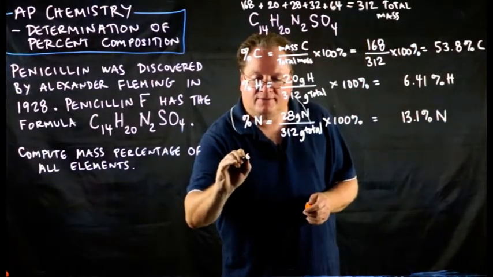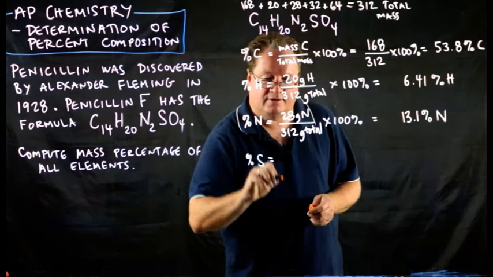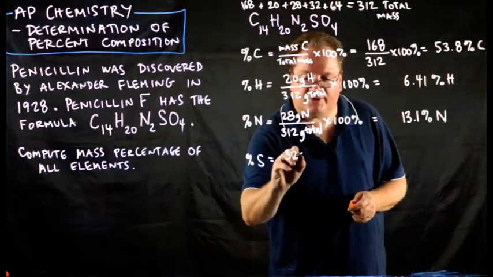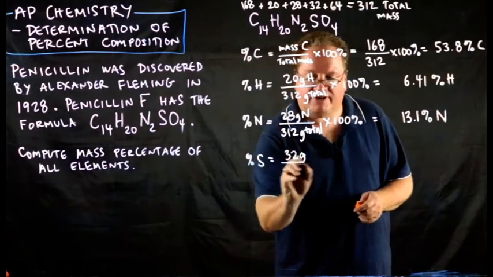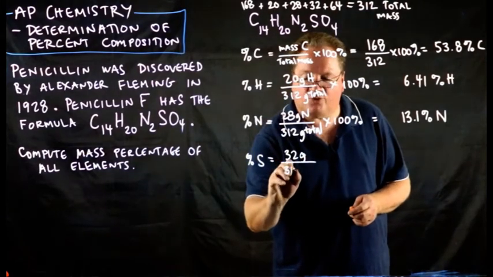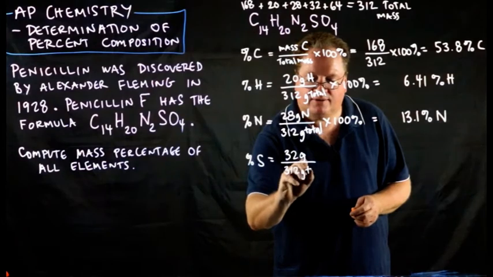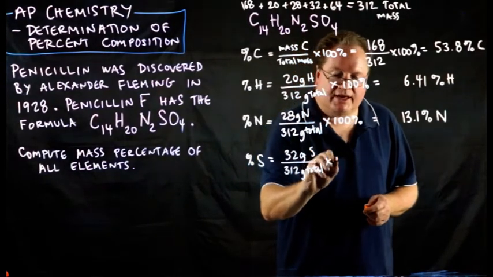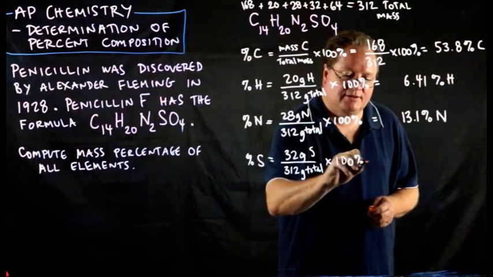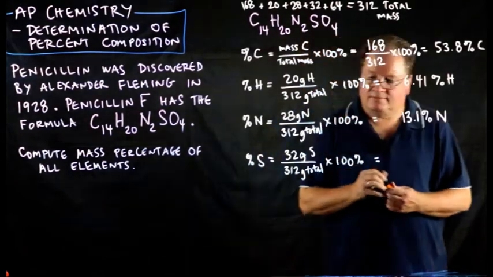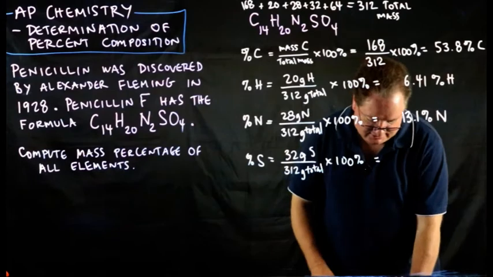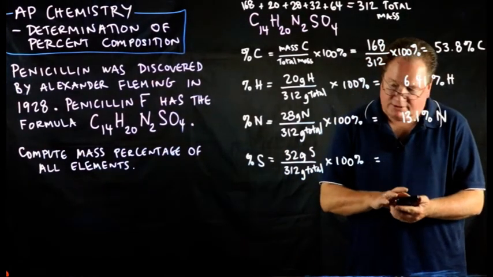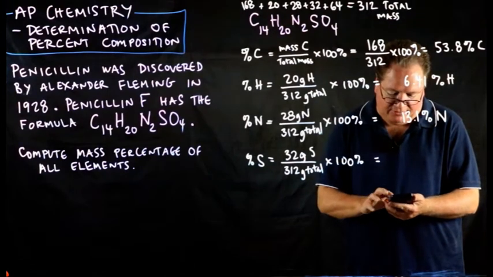Sulfur. Sulfur had a total mass of 32. I'm going to divide that by 312, times 100%. 32 divided by 312.